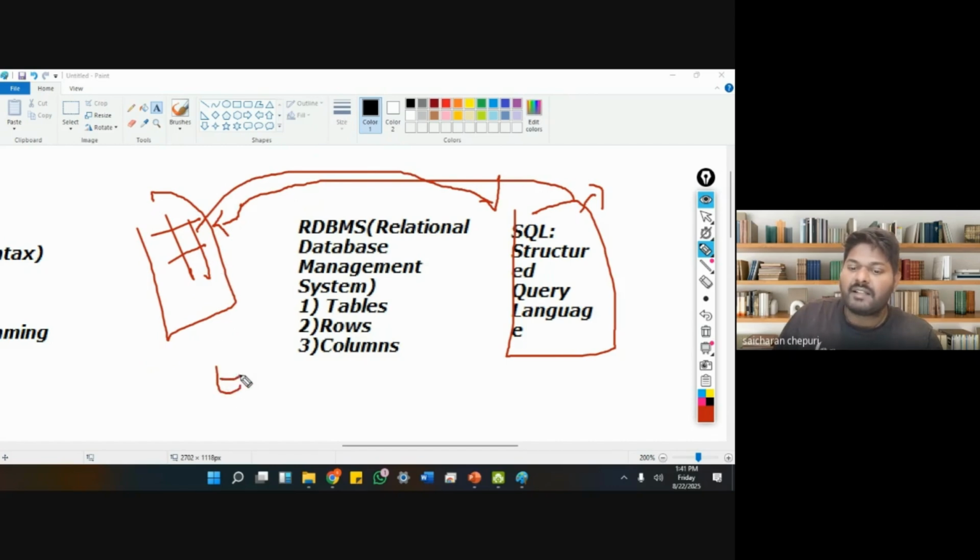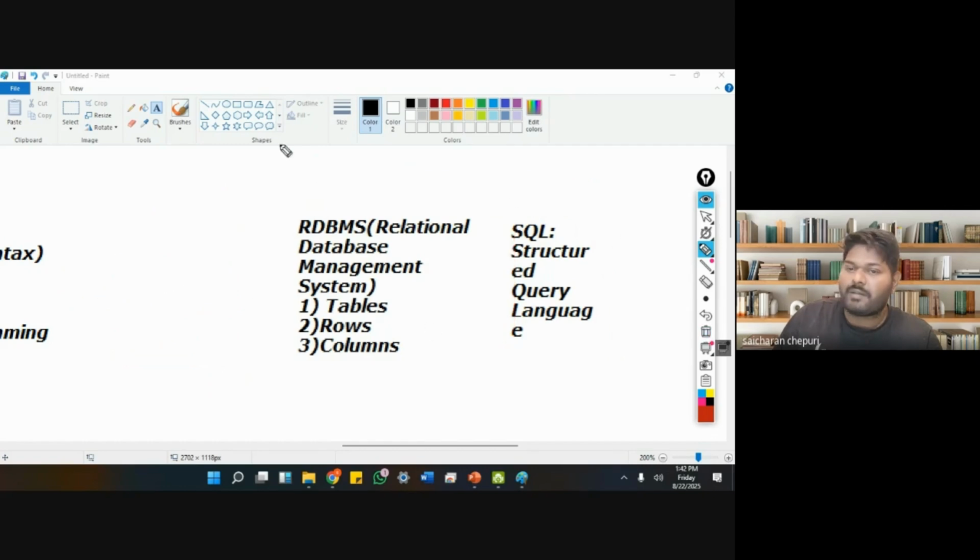C languages are directly used to communicate with computers, while SQL is used to communicate with databases to insert the data, so to do all the CRUD operations. What are CRUD operations, right?